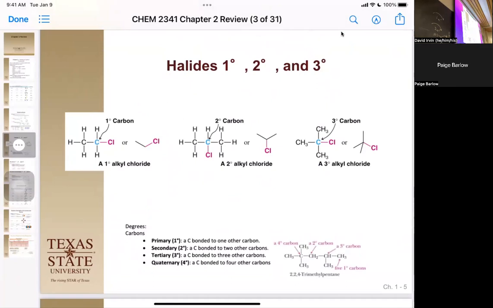It's not bonded to any other carbons, but it is a substituent. So we have methyl, primary, secondary, tertiary, and quaternary. When you're talking about alkyl halides, it's primary through tertiary, but you can have a methyl one too. So it's methyl through tertiary. So there's 4 different ways to do that. So again, primary alkyl halide, secondary alkyl halide, tertiary alkyl halide, or methyl halide.